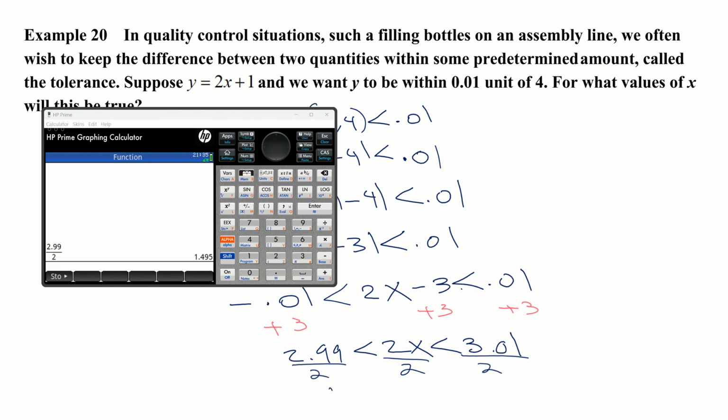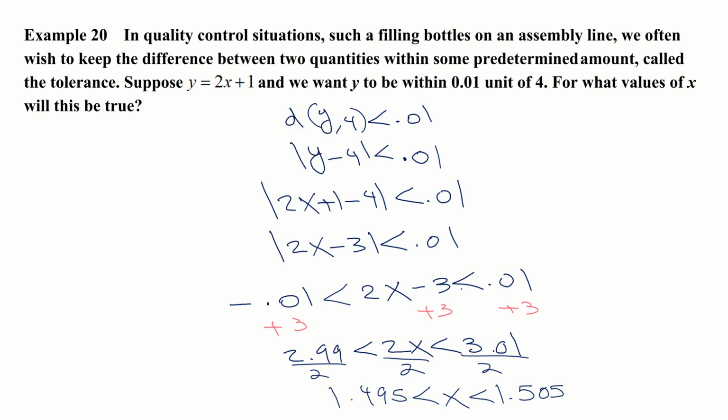So we get 1.495 less than x less than, now we do 3.01 divided by 2, 1.505. So the values of x for which this will be true are the x values between 1.495 and 1.505.